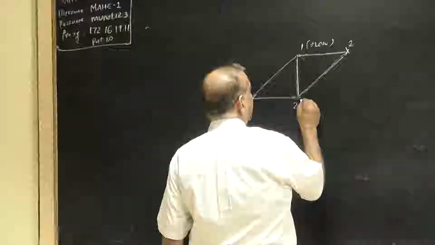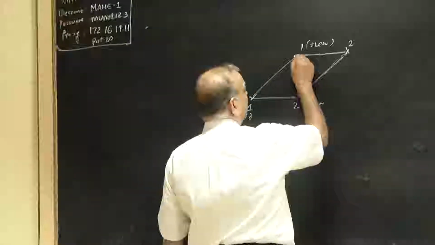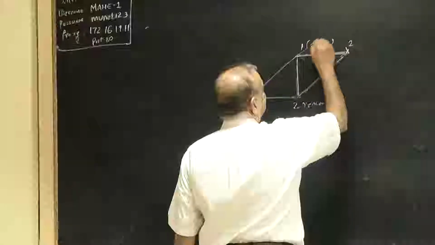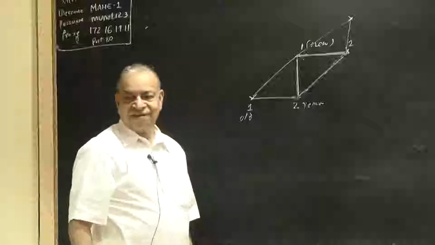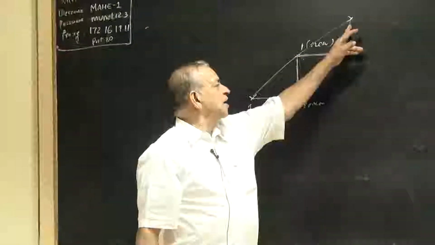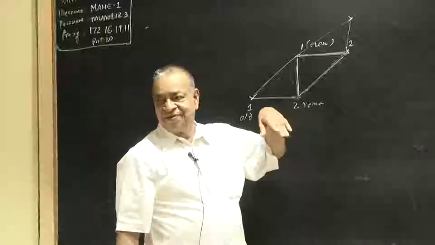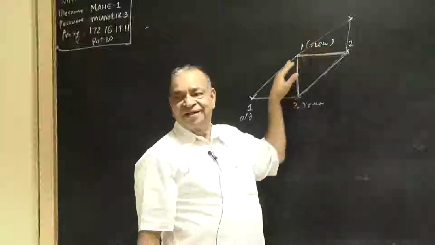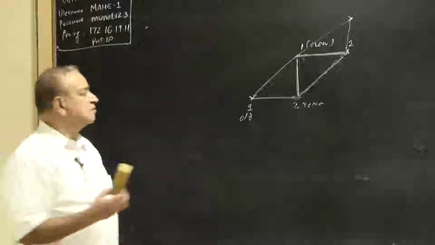For example, I remove this. Then with this as the base, I should find a triangle which is this one. Agree? Because these two are adjacent, these two are adjacent, these two are adjacent. So you always move like that. On one side you will be seeing this 2, 2, 2 going, on the other side 1, 1 going, something like that. Okay?